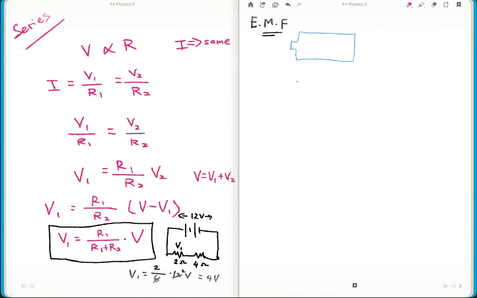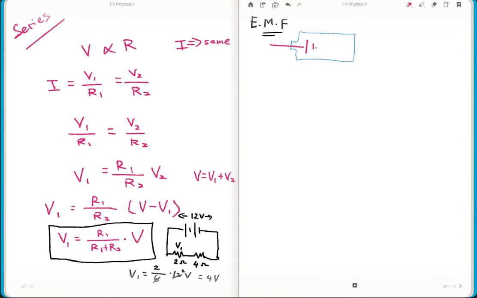A cell is actually made from chemical energy, an electrochemical cell. This is the actual electrochemical cell inside. Since you need a cell, the better way is I only draw one pair. So this is the positive terminal, so I have positive, negative.